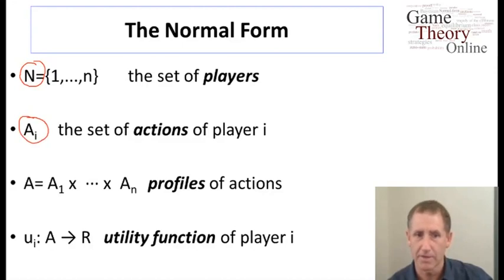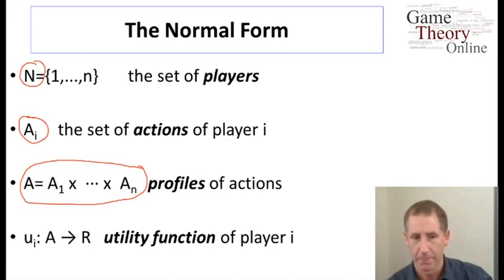Player i has a set of actions, capital A. An action profile, which we denote by capital A, is simply the Cartesian product of the individual action sets. So the vector little a1 through little an, the action profile, will describe which actions each has chosen.